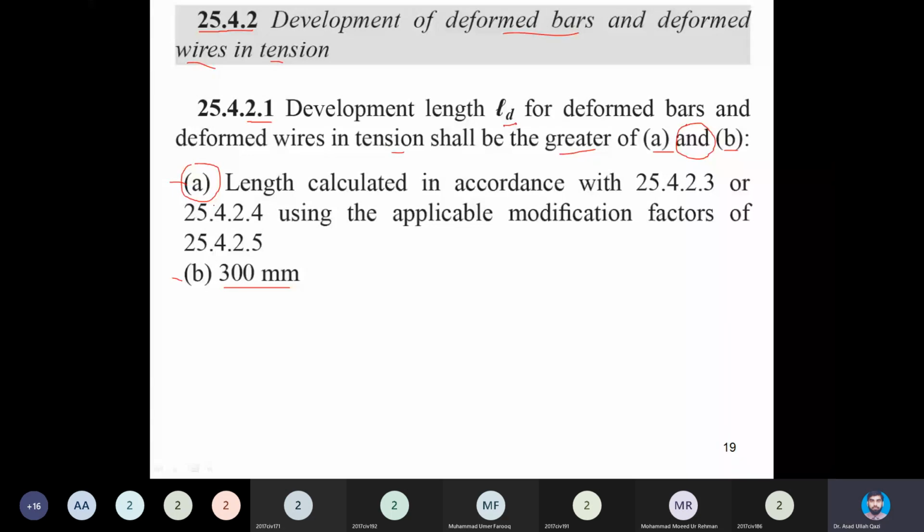In the A part, it is mentioned that we have 2.3 and there is an OR in between and then 2.4.